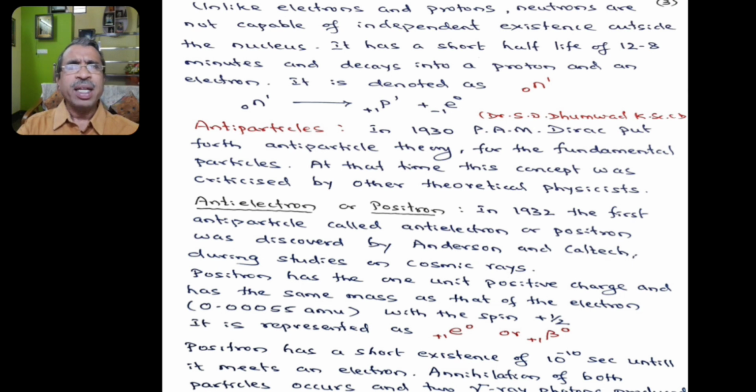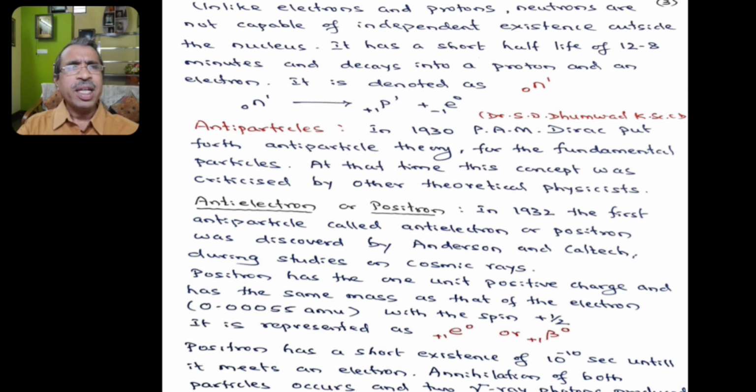According to Dirac, there is a presence of anti-electron, anti-proton and anti-neutron. Now coming to the anti-electron, it is also called a positron.